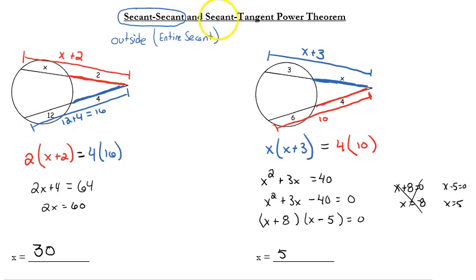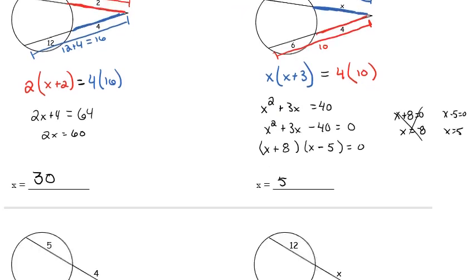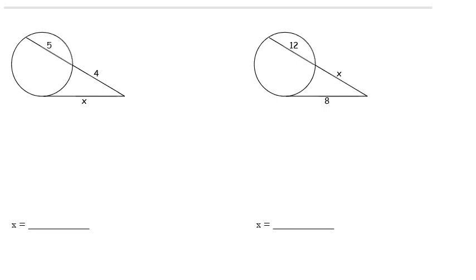The next thing we're going to look at are secant-tangent power theorems, and what's nice about secant-tangent power theorems is our secant is going to be identical. Anytime we have a secant, we're going to do the exact same thing. The only difference now is that I have a tangent which doesn't have an inside, outside, it's just all outside.